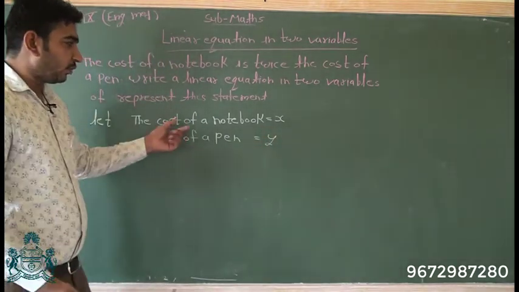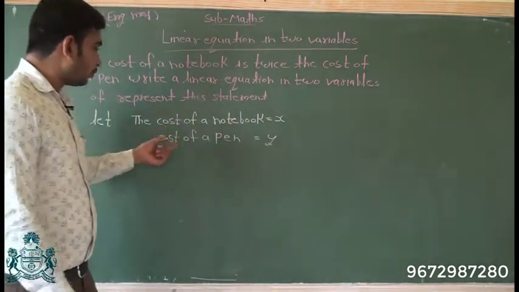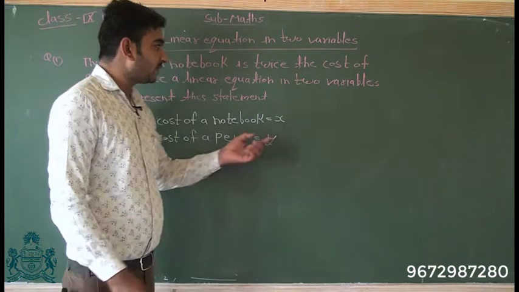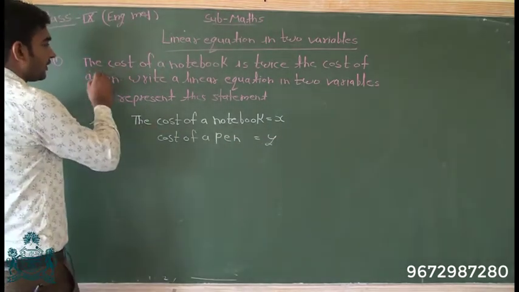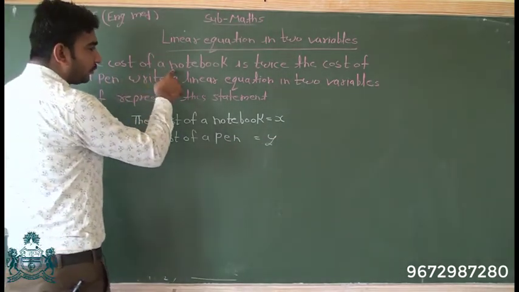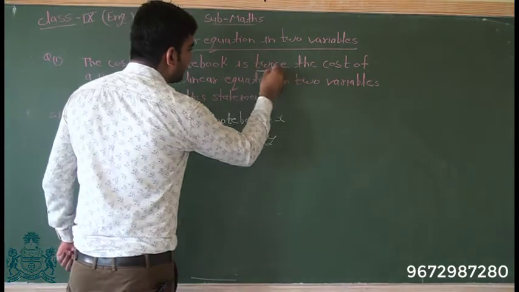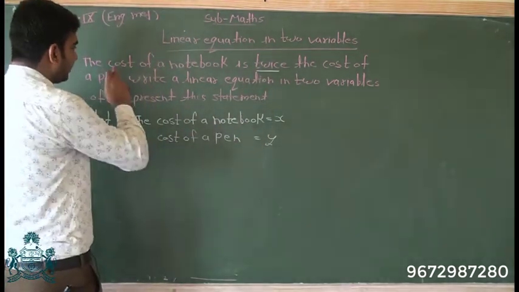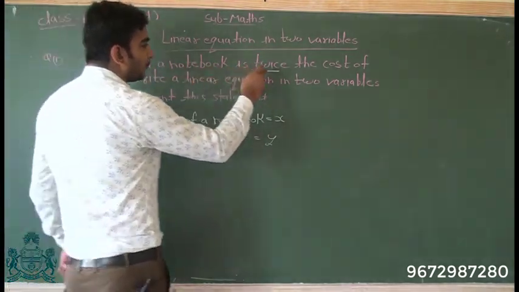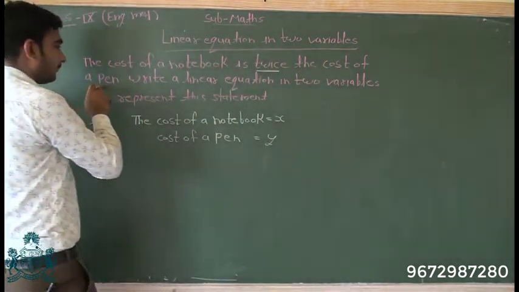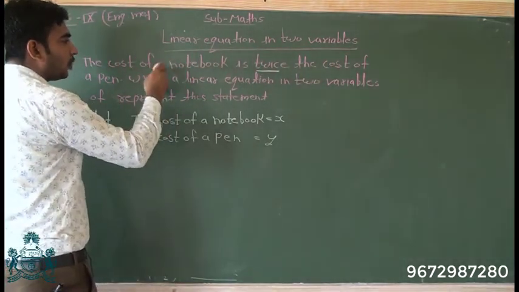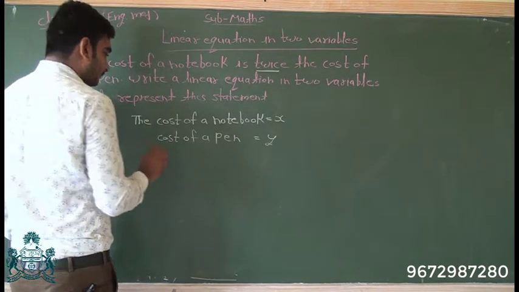The cost of a notebook equal to x rupees and the cost of a pen equal to y rupees. According to the question, the cost of a notebook is twice, twice means double, the cost of a pen. The price of a notebook is double the cost of a pen.